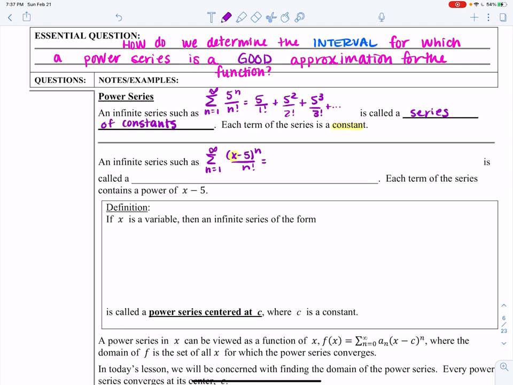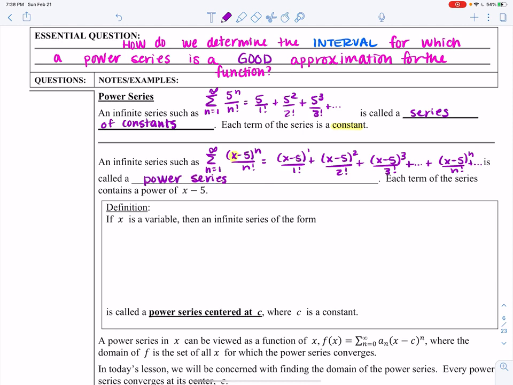So when I plug in 1, I get x minus 5 to the first power over 1 factorial, x minus 5 to the second power over 2 factorial, x minus 5 to the third power over 3 factorial, and so on and so forth, all the way up to x minus 5 to the nth term over n factorial. And this is called a power series.